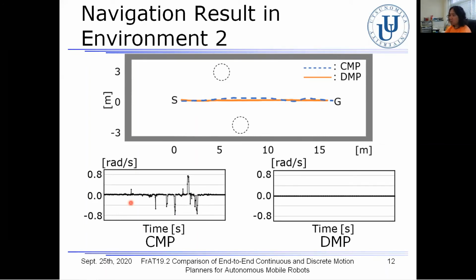In contrast to this result, the angular velocity of omega = 0 was constantly decided by the DMP, as shown in this right figure. In other words, because of the discretized angular velocity, the robot based on the DMP moved with no influence of the obstacles. Therefore, while the CMP resulted in fluid motion for obstacle avoidance, the higher straight line stability of the DMP was shown.